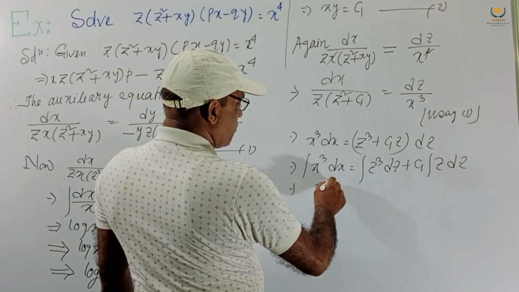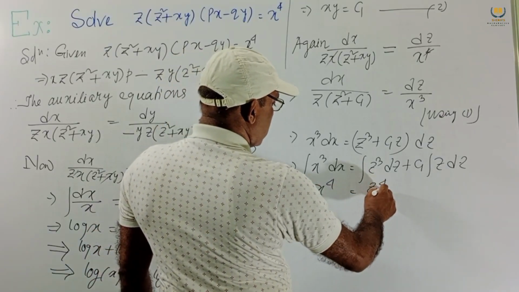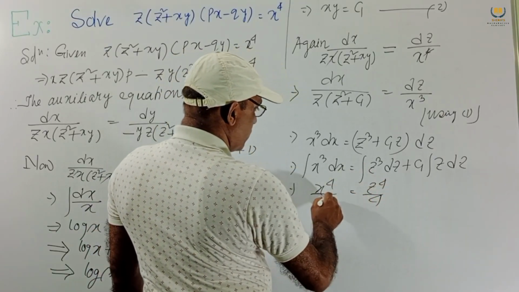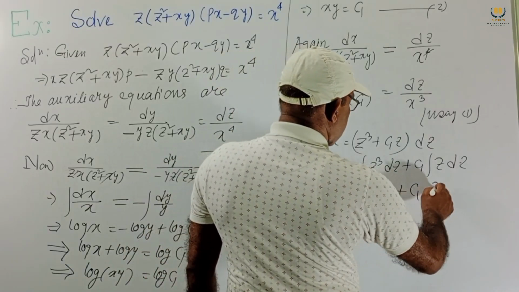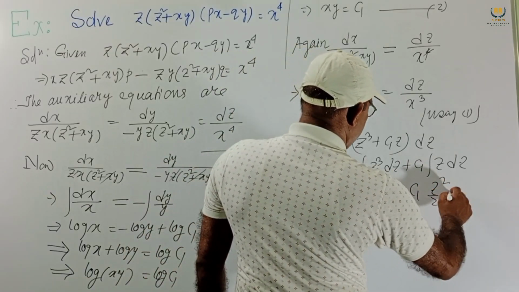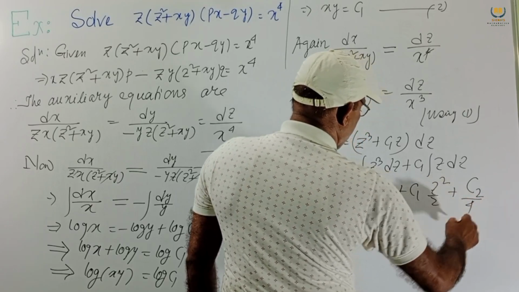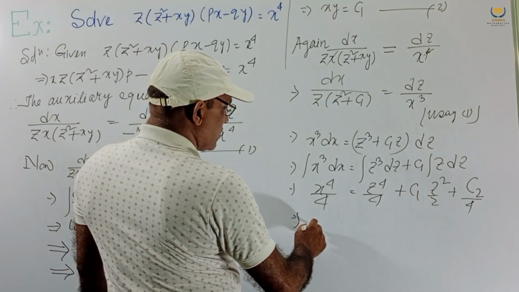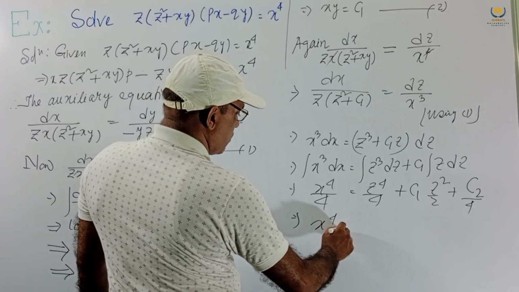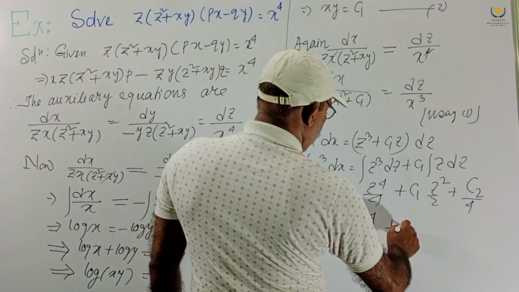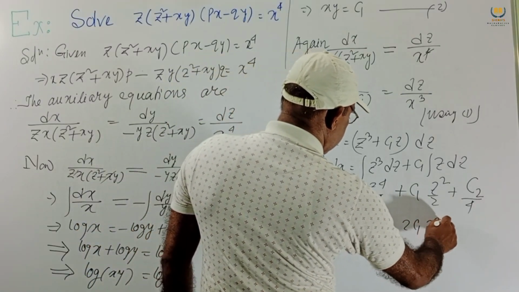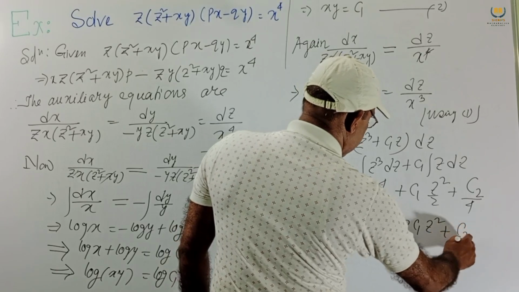This is x to the power 4 by 4 equals z to the power 4 by 4 plus c1 z square by 2 plus c2. Multiplying both sides by 4, x to the power 4 equals z to the power 4 plus 2 c1 z square plus c2.